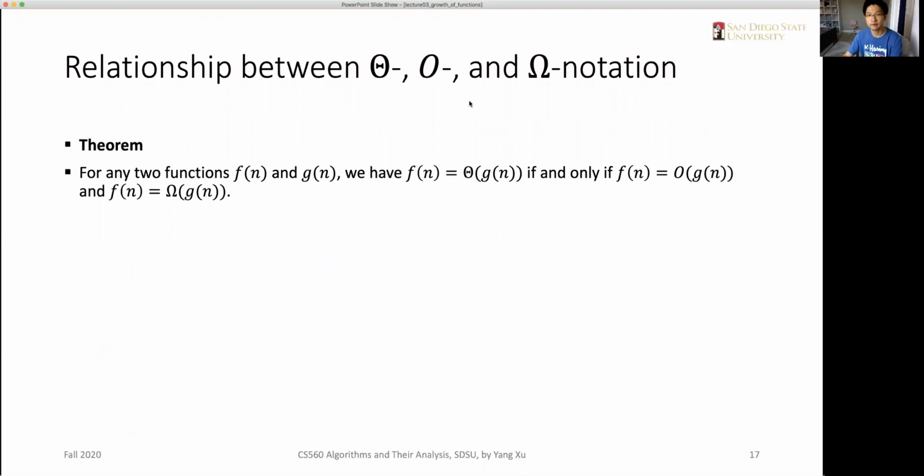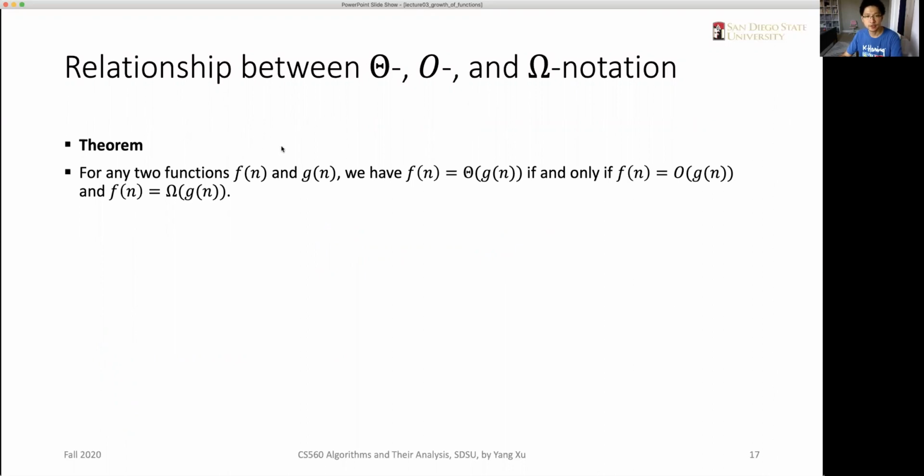So now we have learned about the three notations, and there's actually a very close relationship between them. There's a theorem that we will talk about here.